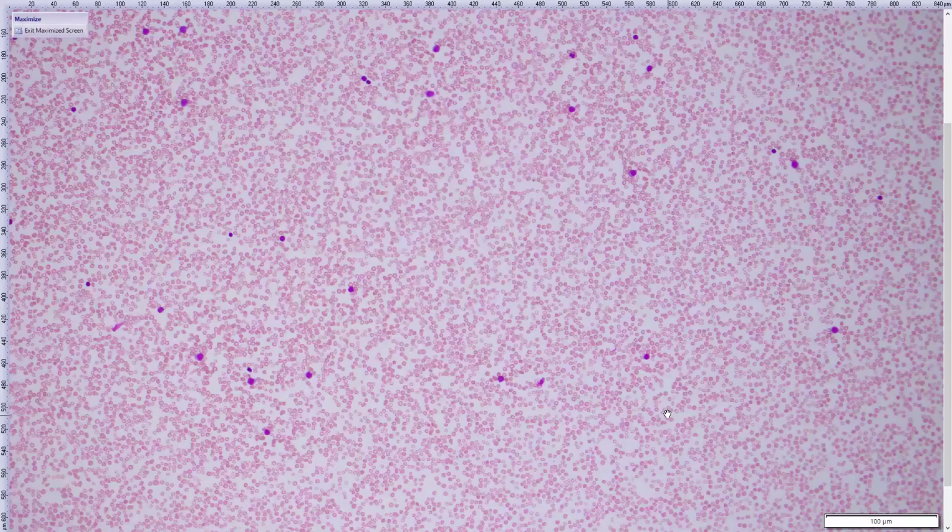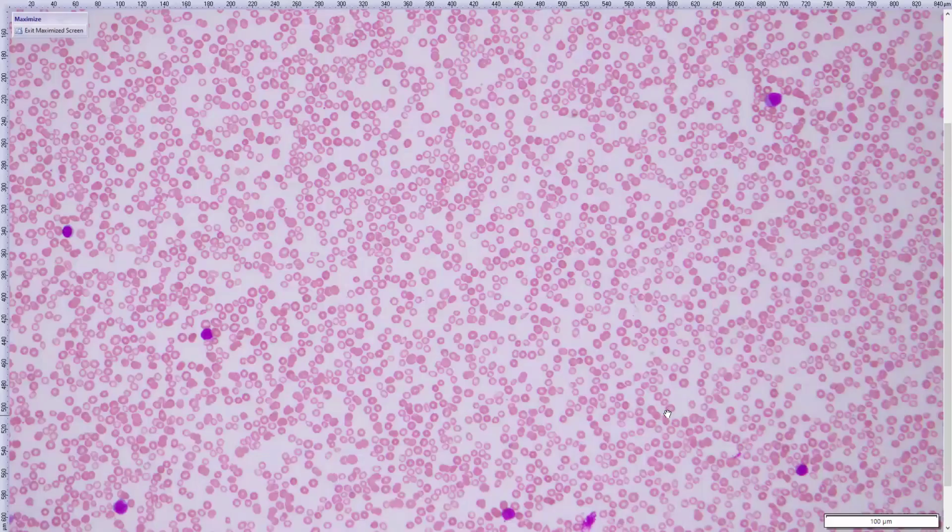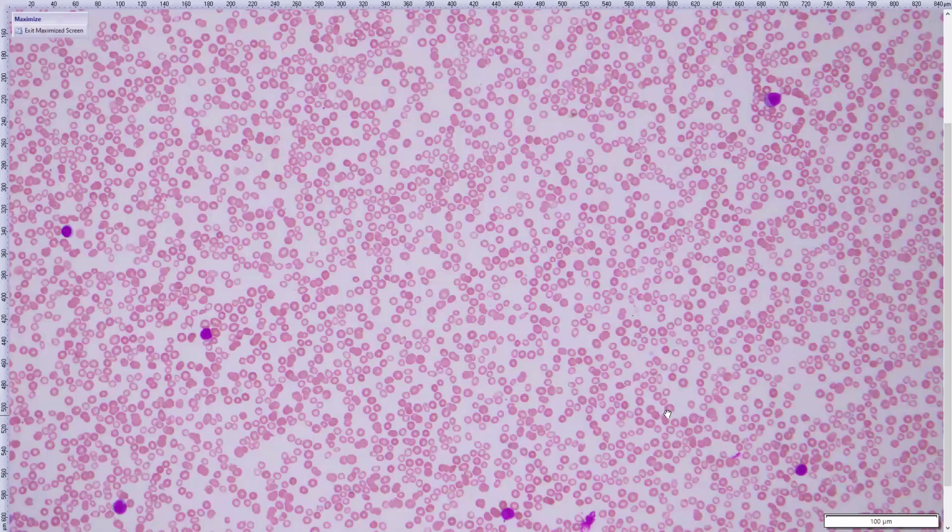Now, as you can see here in this peripheral blood smear, let me go high power. And I do see a number of large cells, and these cells are large when we compare them to the surrounding red blood cells.